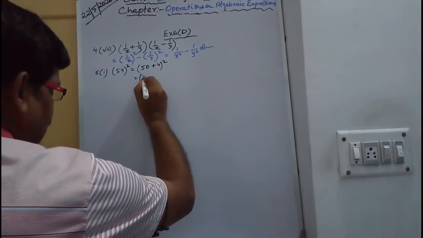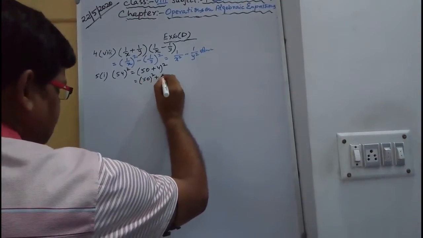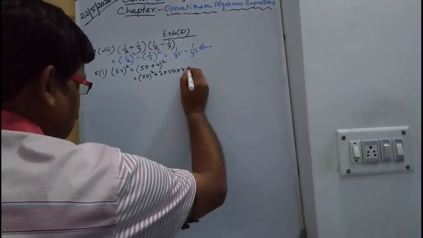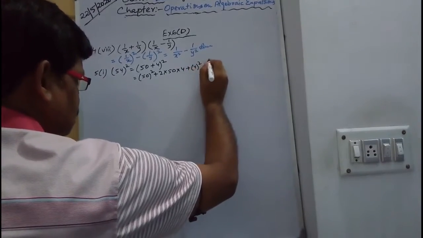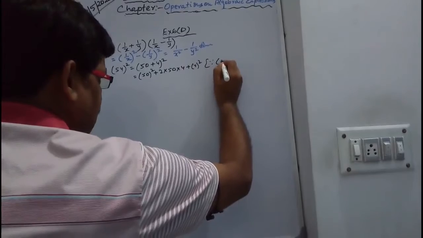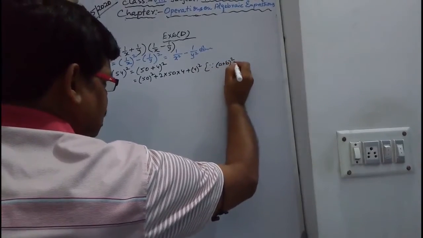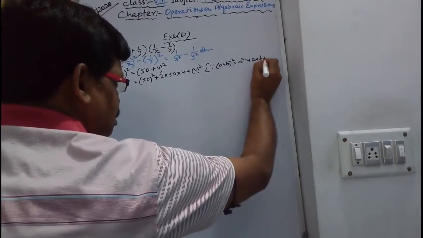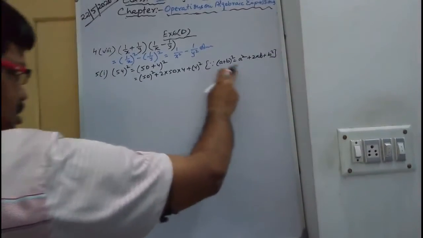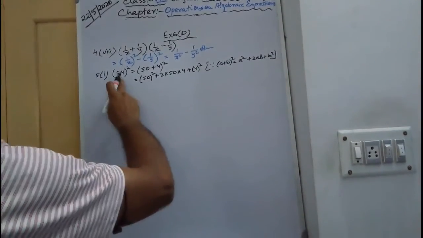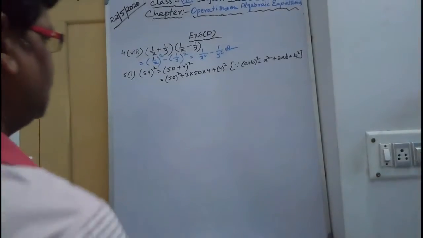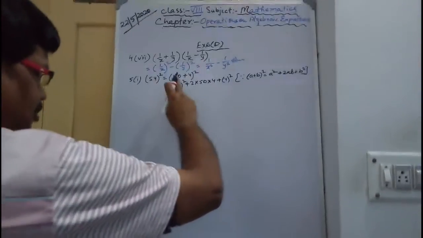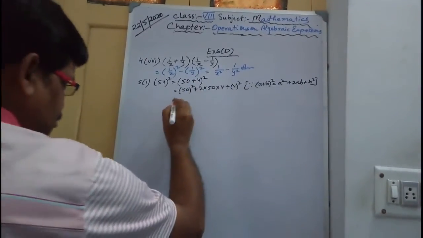So 50² + 2·50·4 + 4², that is (a + b) whole square, a² + 2ab + b². By using that identity, to make it a plus b form, 54 is written as 50 plus 4. So in place of a, 50, in place of b, 4.